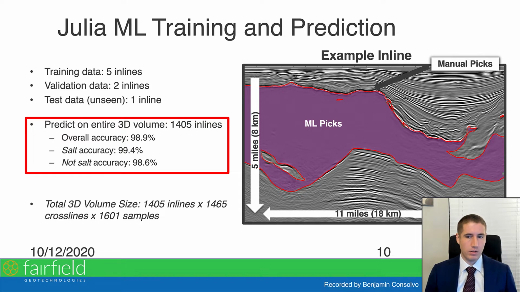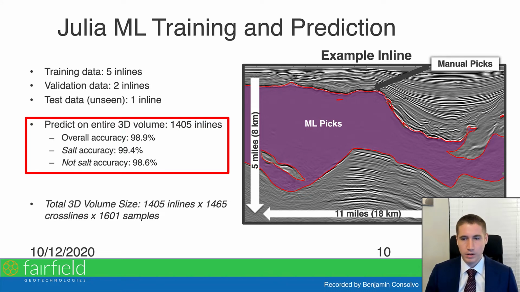Looking at some of the training details for the Julia survey, the image I'm showing here shows again the manual salt picks in red and the machine learning picks in purple. The depth extent of this survey is about 5 miles, and as I pointed out before, the length in one of the directions is around 11 miles.